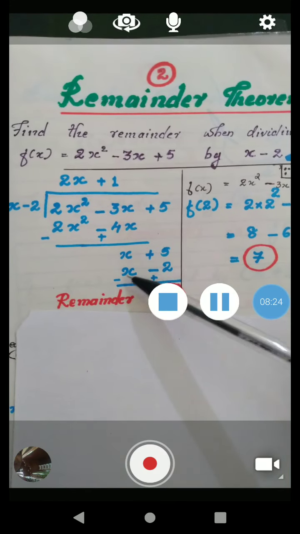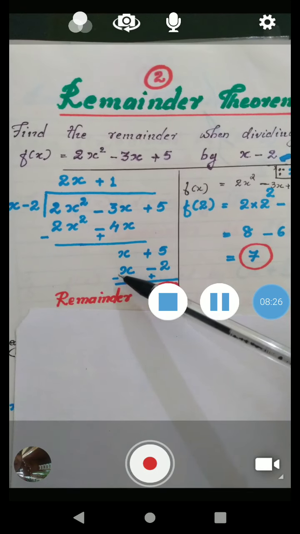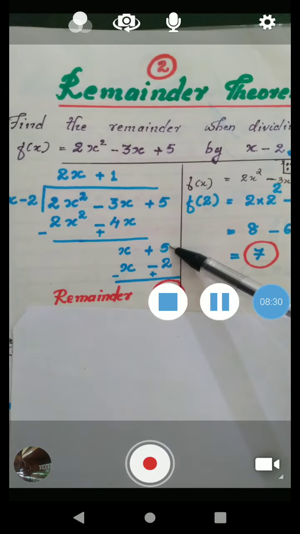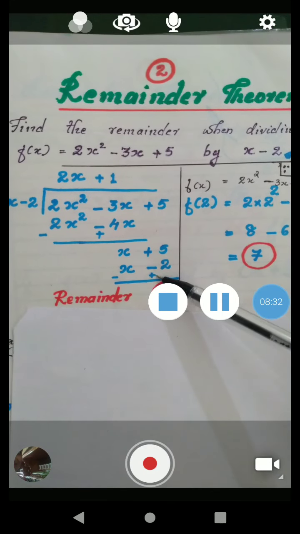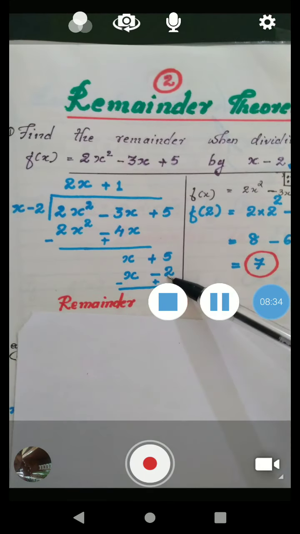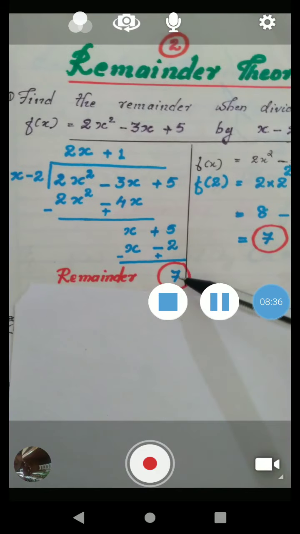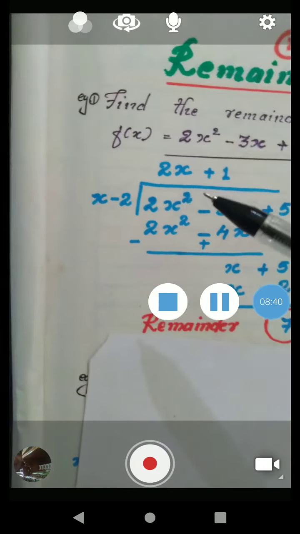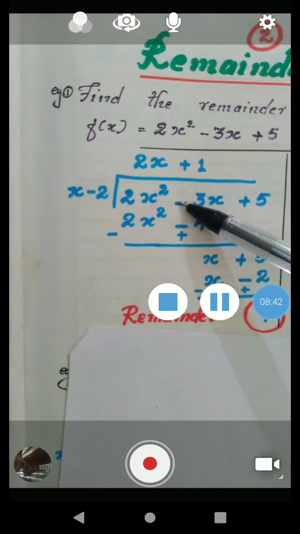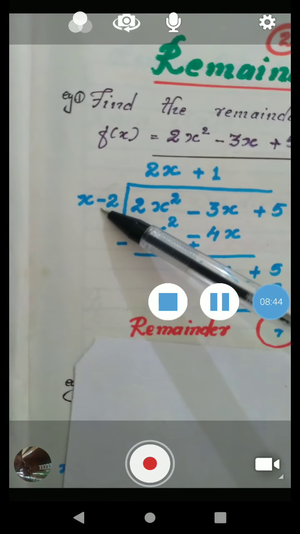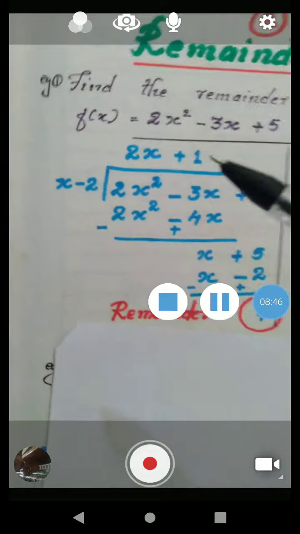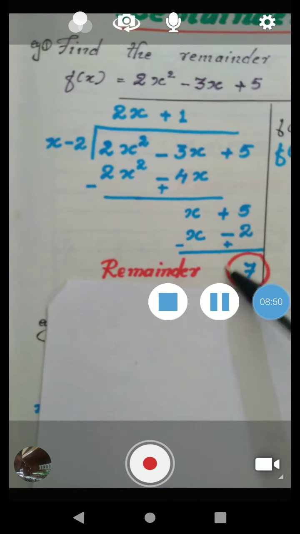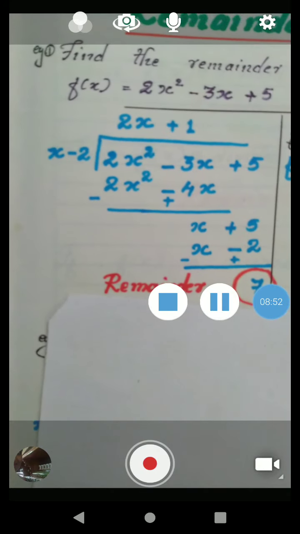Change the sign of the number to be subtracted, then add. So 5 again minus and this becomes plus. Add these two and you will get 7. So when this polynomial is divided by x minus 2, the remainder is 7.